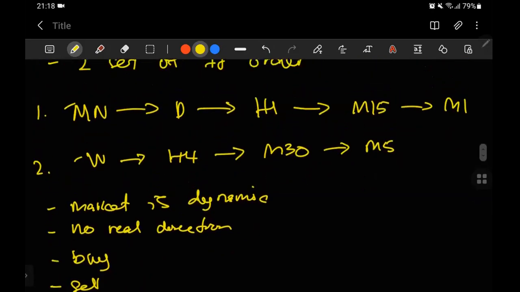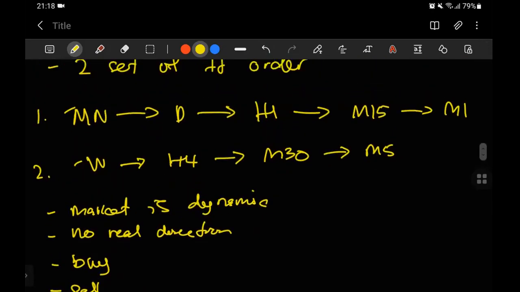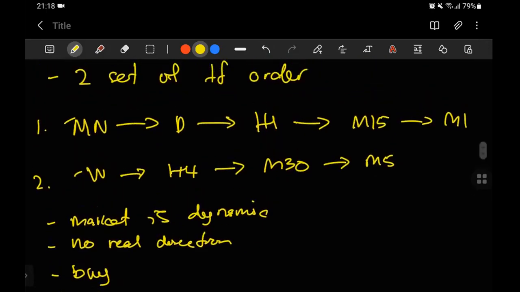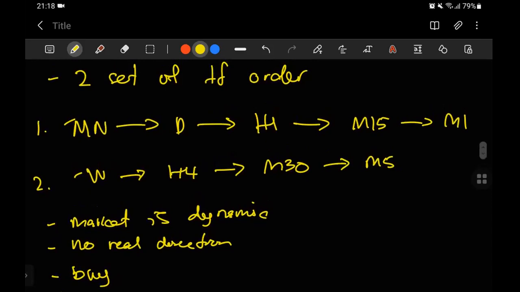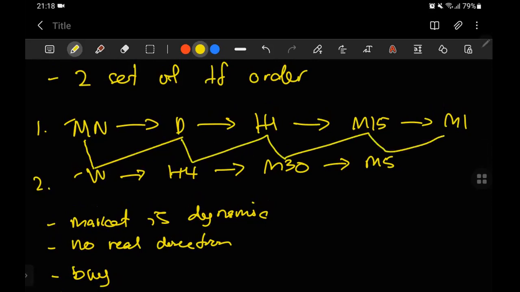The market will flow like this: if the monthly is buy, then the weekly will be sell. If the weekly is selling, then daily is buying, and this thing goes on and on like this.